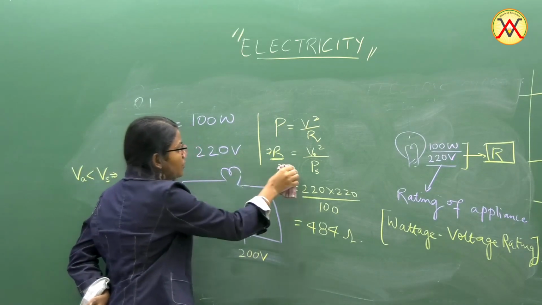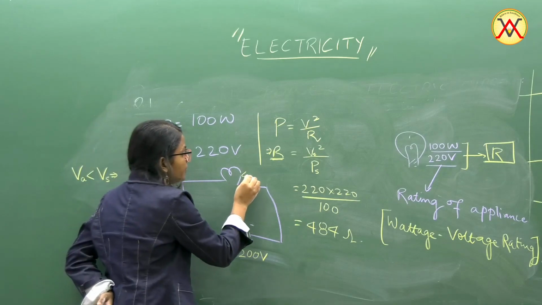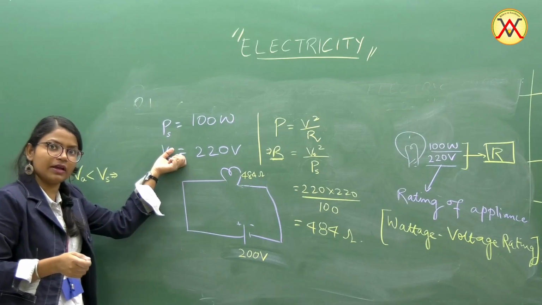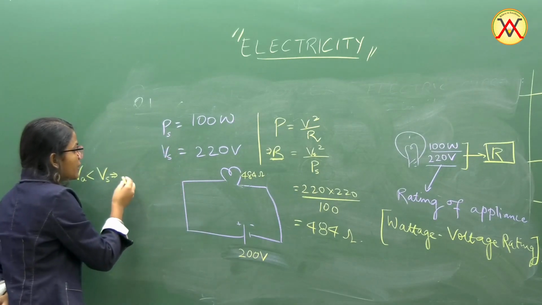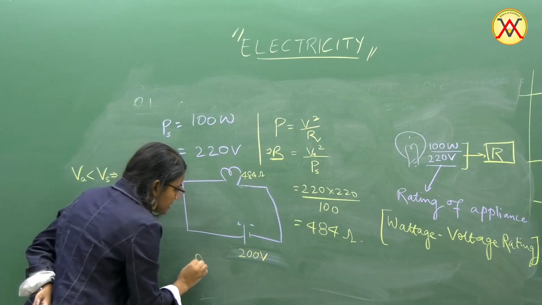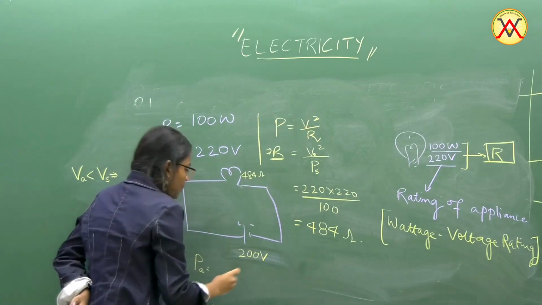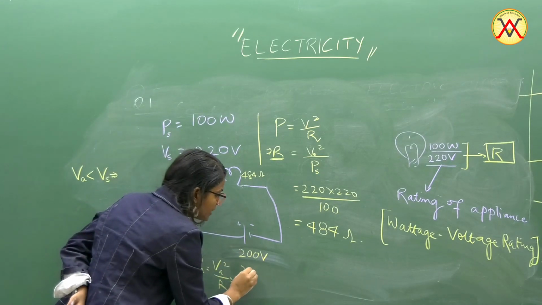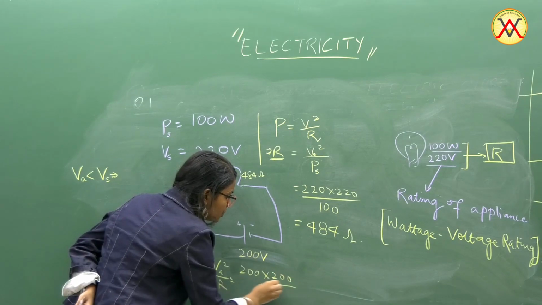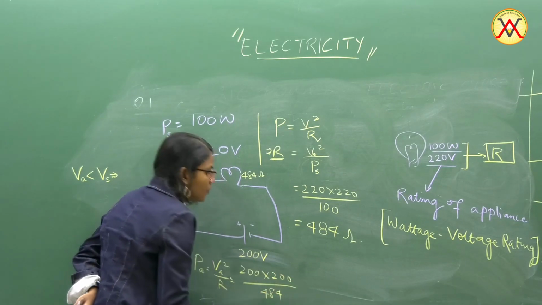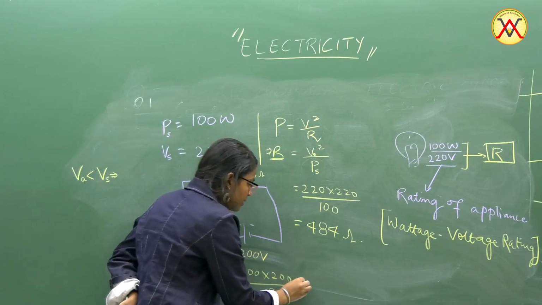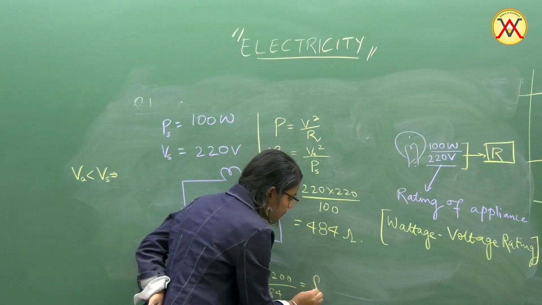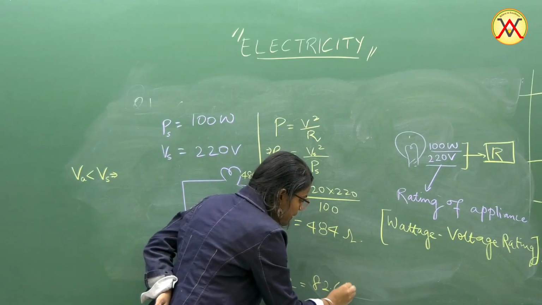So now we shall find our new power with the help of this resistance that we have taken from our specified readings. In this case, our applied power would be VA square by R. VA square is 200 into 200 upon 484, right? Solving this, we get somewhere around 82.6 watt.